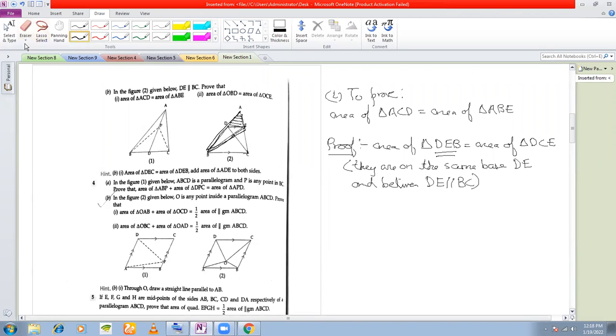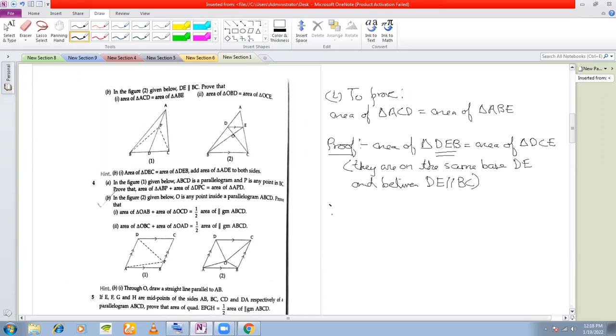Yes, sir. Similarly, which triangle is DCE? This one, right? To this triangle, if I add this triangle, I'll get this triangle, right? Yes, sir. So this triangle, I add to both. Which is the triangle that I want to add?